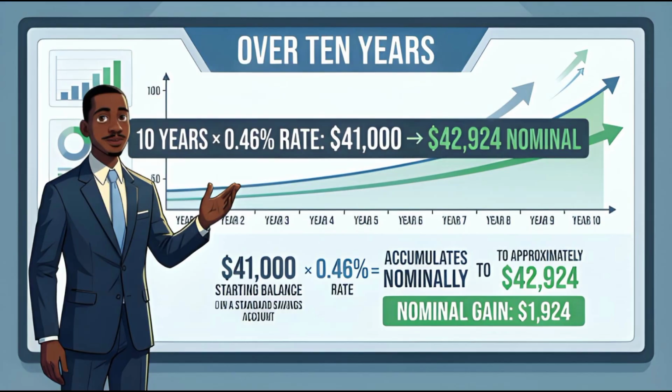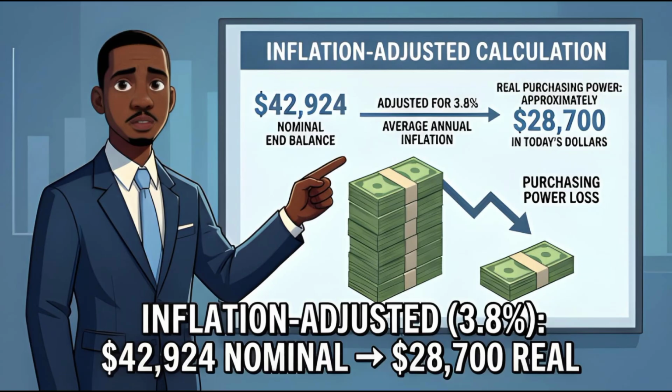Over 10 years, $41,000 in a standard savings account at 0.46% accumulates nominally to approximately $42,924. Adjusted for 3.8% average annual inflation, the real purchasing power of that balance is approximately $28,700 in today's dollars.